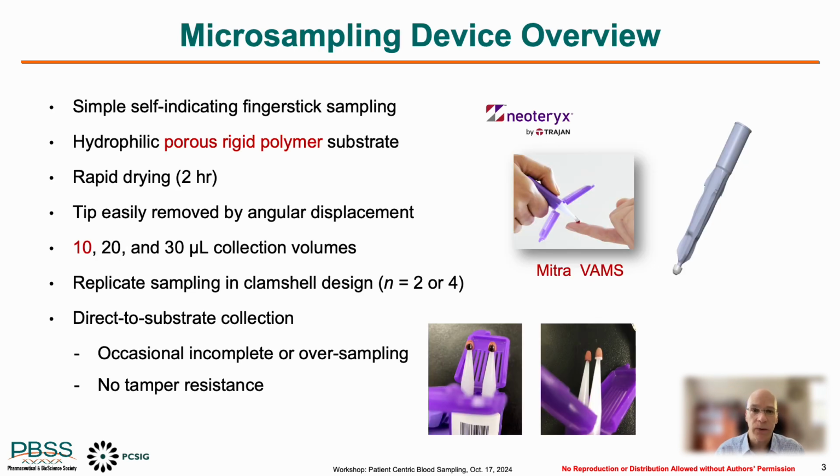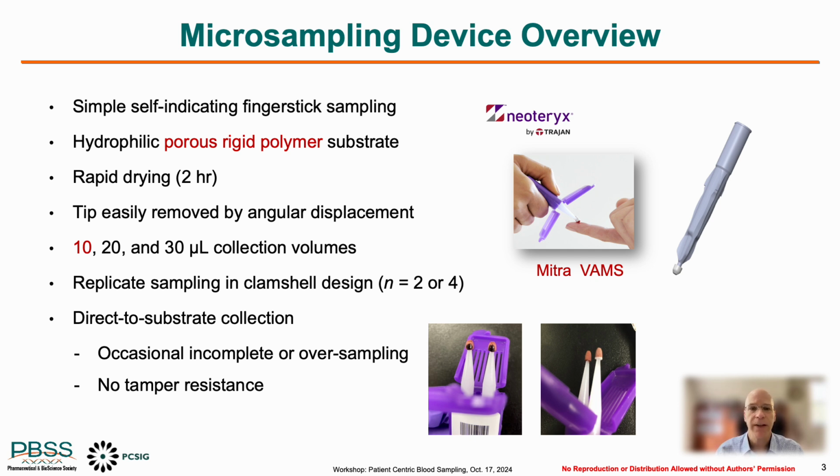I'll start the device overview with that most historically supported in our lab, and that is the Mitra VAMS, introduced around 2015, I believe, maybe 2014, as a solution to eliminate the hematocrit bias on sampling volume, which it does exceptionally well.